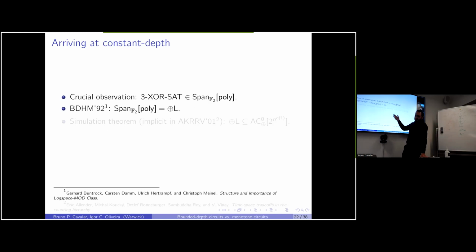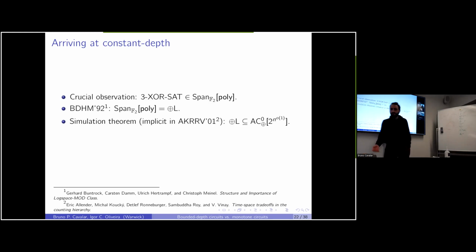So it's a counting machine, and you can put 3-vector set into this class, and some simulation theorem, which is implicit in this paper, can show that you can actually do this depth reduction, I can simulate this ParityL in exponential size AC0 parity circuits.